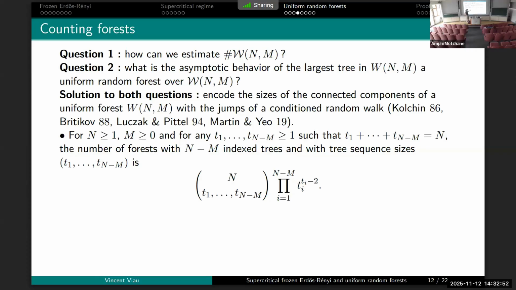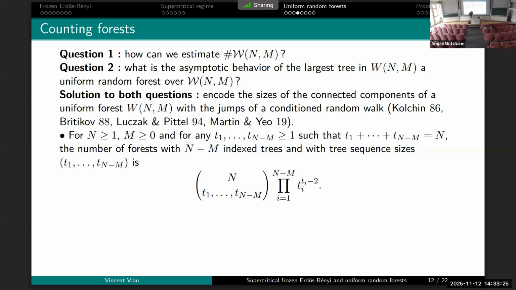Okay, so first you have a multinomial factor which counts the number of ways to partition the set of vertices into n minus m trees of size t_i. And then you make the product of t_i to the t_i minus 2 to say that for each tree you have t_i to the t_i minus 2 different ways to construct a tree.